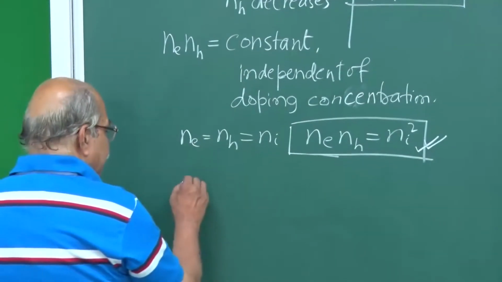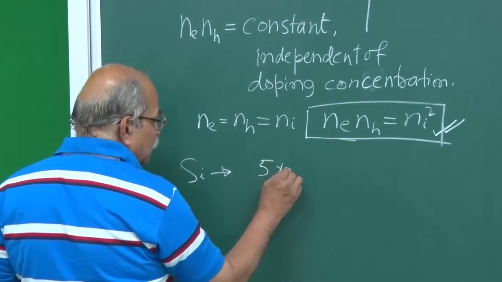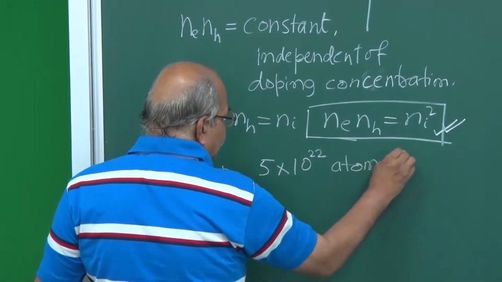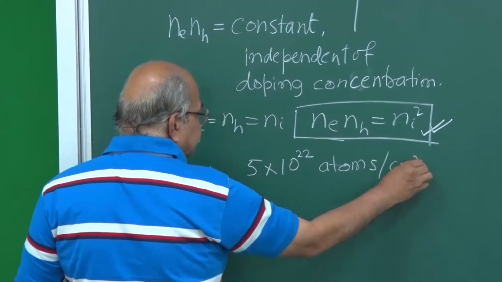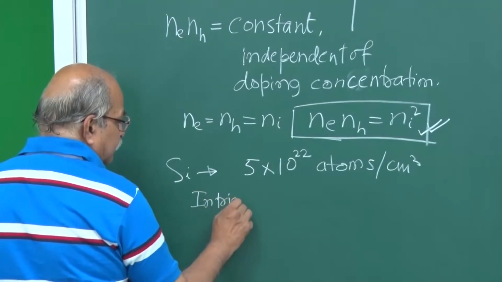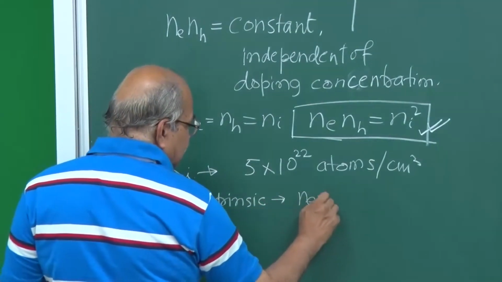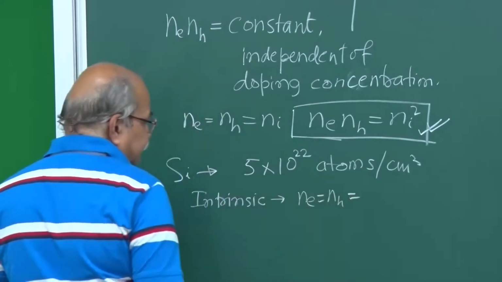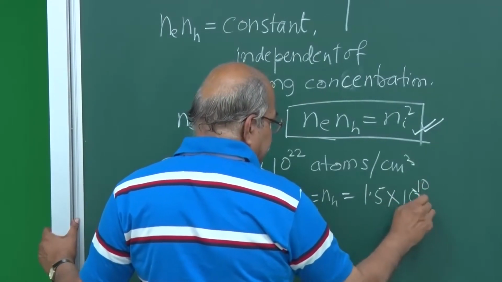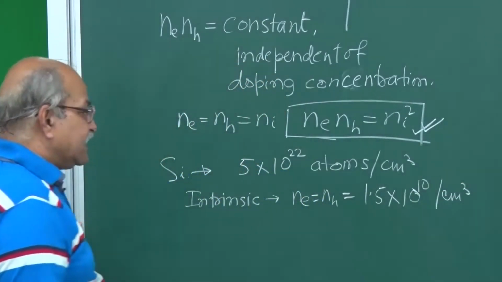So for example, if you have silicon, you know there are some 5 into 10 to the power 22 atoms per centimeter cube, and for intrinsic silicon, the number of electrons equal to number of holes is how much? 1.5 into 10 to the power 10 per centimeter cube. We had given this data in one of the lectures.